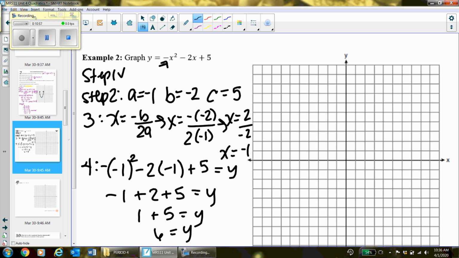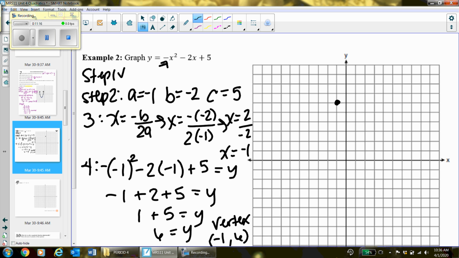All right, so now my vertex is -1, 6. Let's plot that. -1, go up 6, 1, 2, 3, 4, 5, 6.